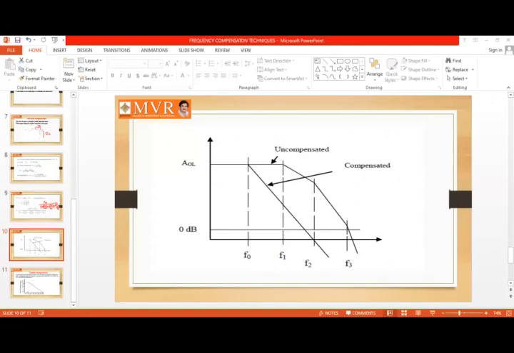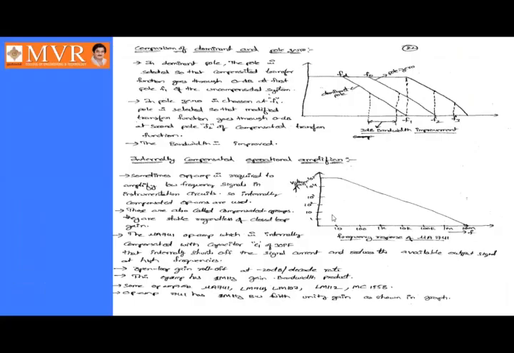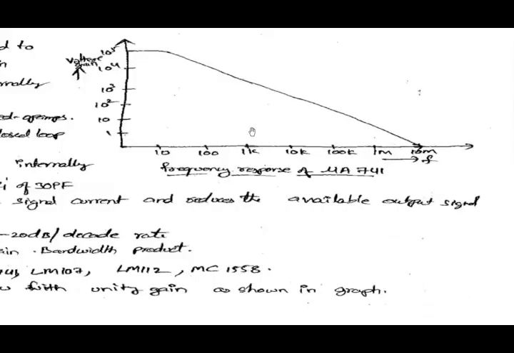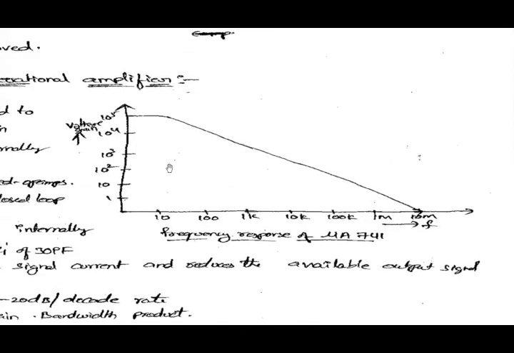In internal compensation, for an operational amplifier, we are going to introduce the capacitance internally, and by introducing the capacitance internally in the op amp itself, the frequency response can be improved.